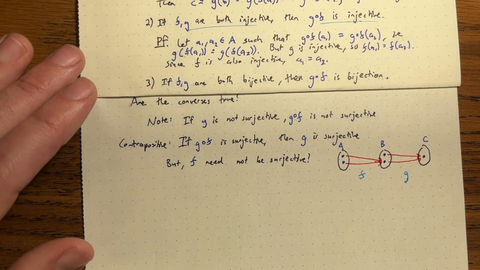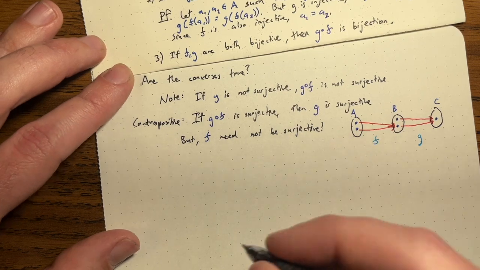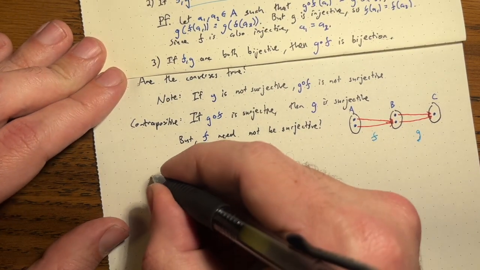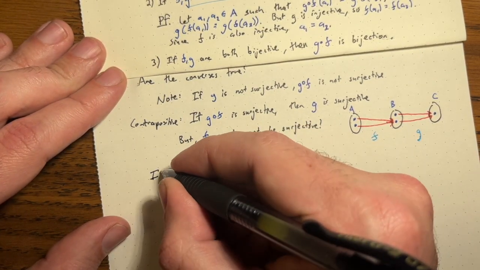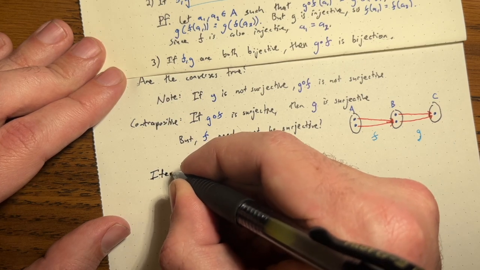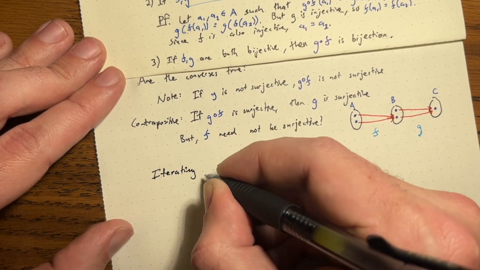Okay, so next thing I'd like to talk about, this will be the last thing I'll talk about today, but just because it's such an interesting concept, it's the idea of iterating a function.